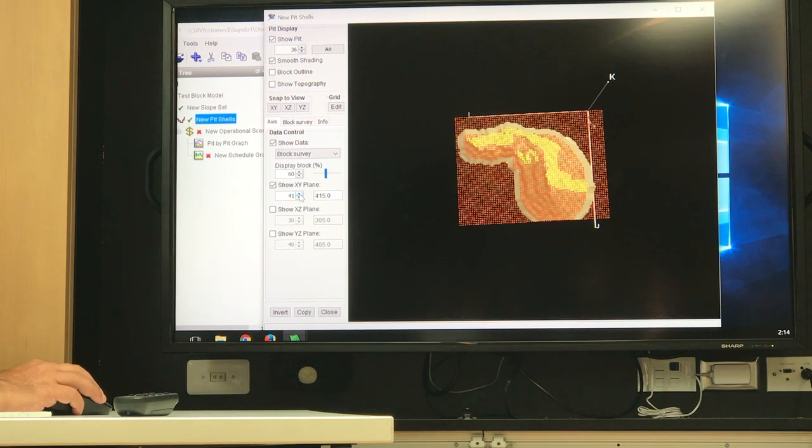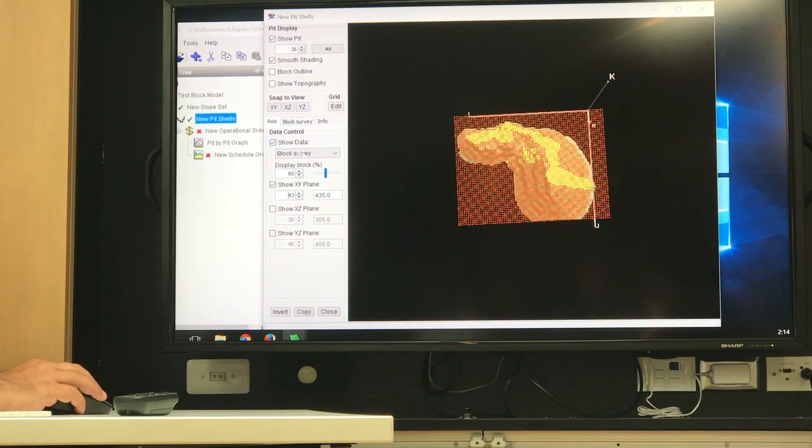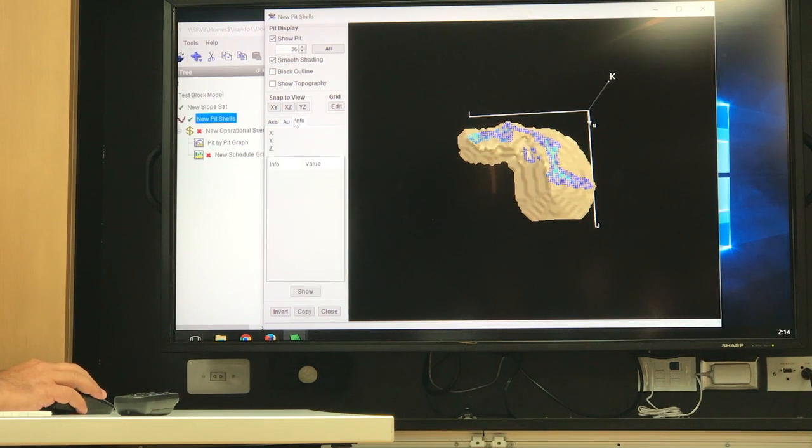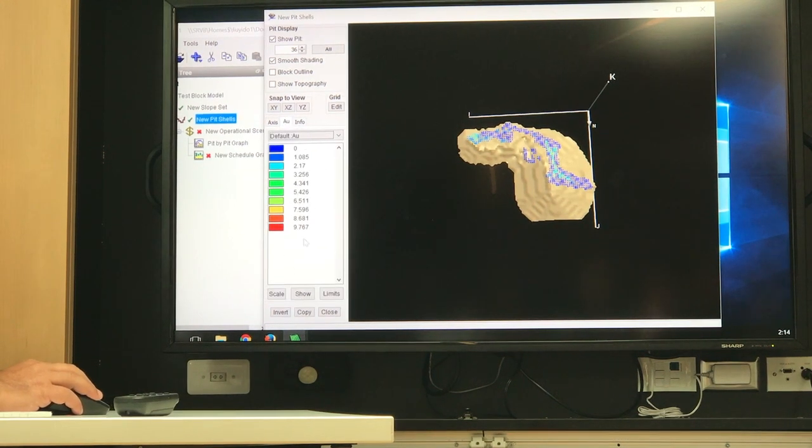And it exactly follows the mineralized zone. This is the yellow surface, right? The same thing I could do if I visualize the gold. These are the blocks that have gold grade. If I look at the legend, this is the range of the grade. The red is the highest grade, and the dark blue is zero or barren.